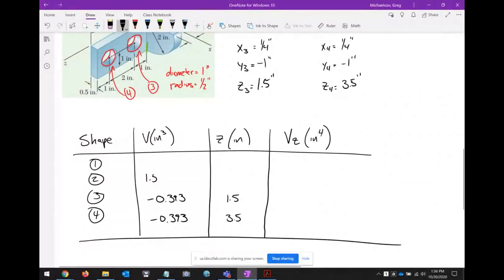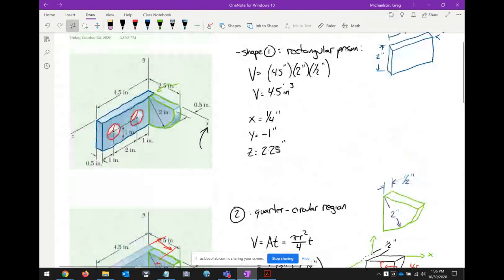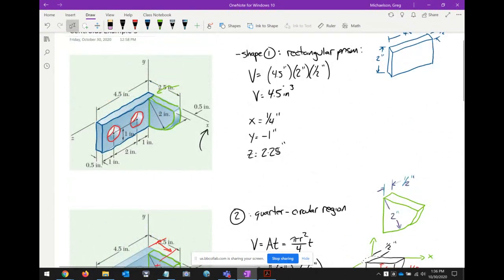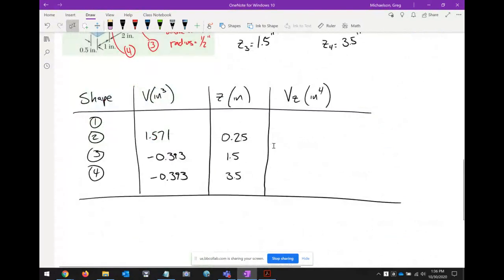So 1.571 and we'll say 0.25. And then this volume here, that was 4.5. And let's see, hold on. 4.5, and this is 2.25, right? So 4.5 and 2.25. Okay, so that's just me going in and filling in all that stuff.